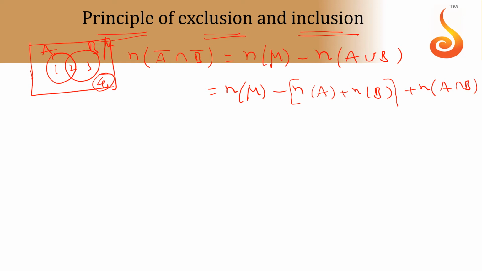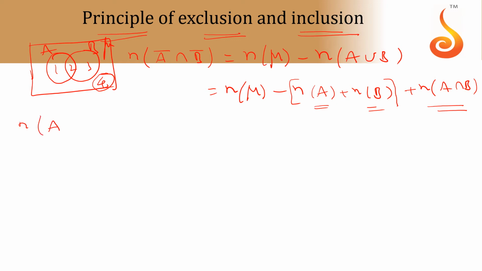So if you observe carefully, from n of mu, single sets you are excluding. So when you exclude A, 1, 2, when you exclude B, 2, 3 will be removed, but 2 is removed 2 times. So for compensation you will add again. So this way is called exclusion inclusion. So similarly you can extend it for 3 sets.